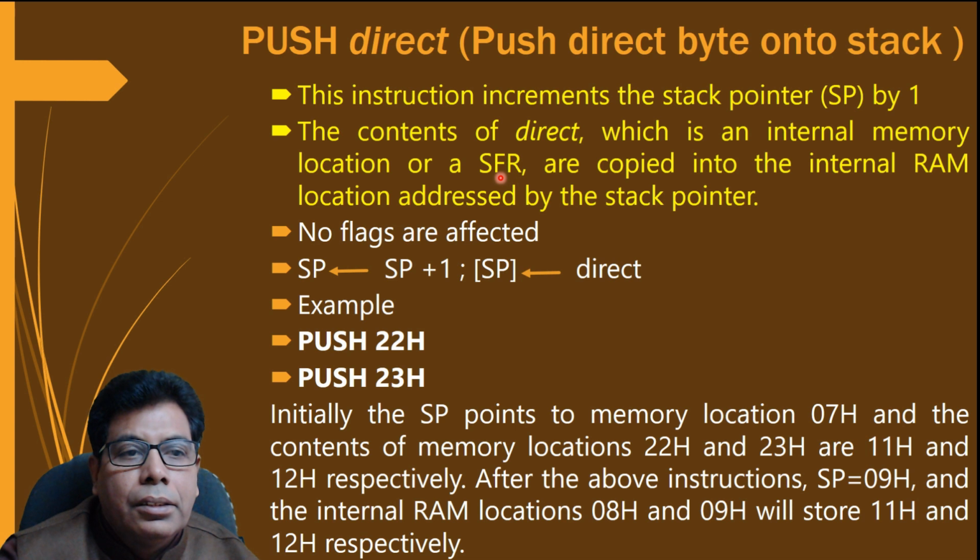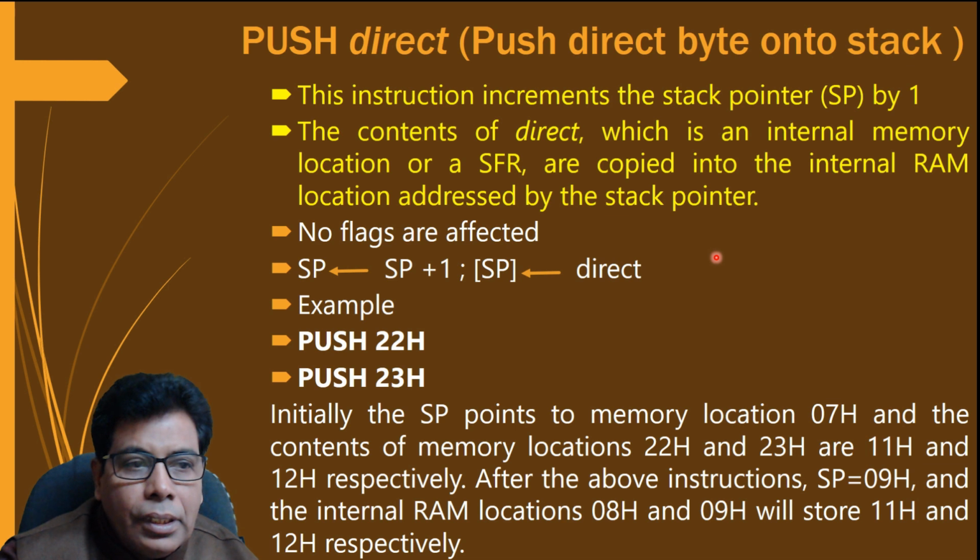Among the SFRs we have DPH, DPL, then the accumulator, the B register, and there are other special function registers. So there also we can make use of those registers for the push and pop operations, and these are copied onto the internal RAM location addressed by the stack pointer.